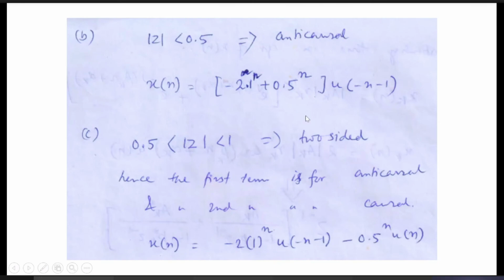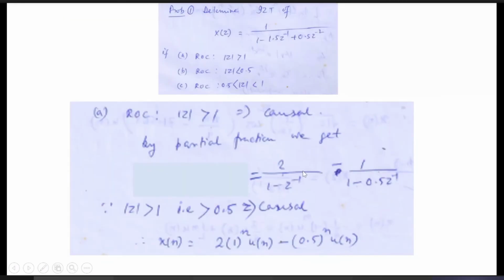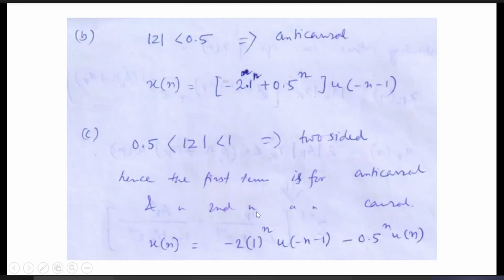Now two-sided. So for the first term, here it is shown that mod z is greater than 0.5 and less than 1.